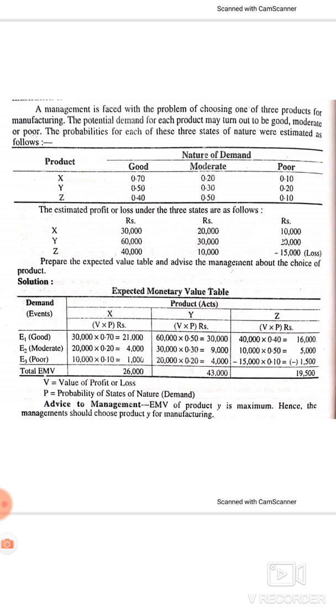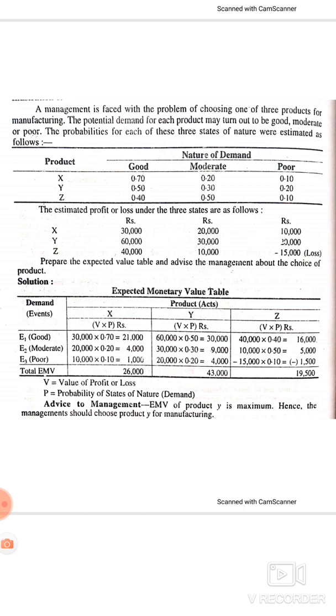Like for product X, the value is 30,000 and the probability associated is 0.70. So we will multiply 30,000 with 0.70. For the state of nature moderate, the estimated profit is 20,000 and the probability associated for product X is 0.20. So we will multiply 0.20 with 20,000.